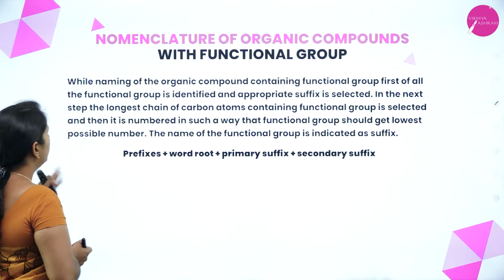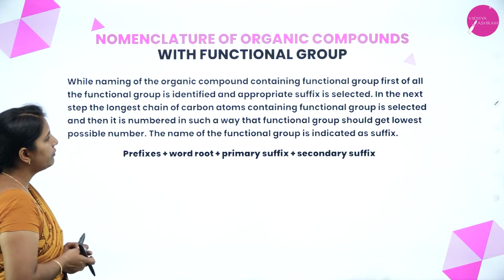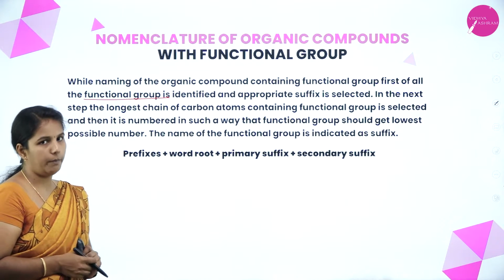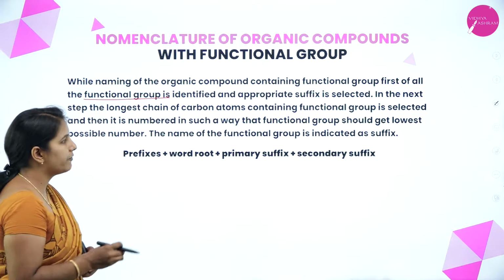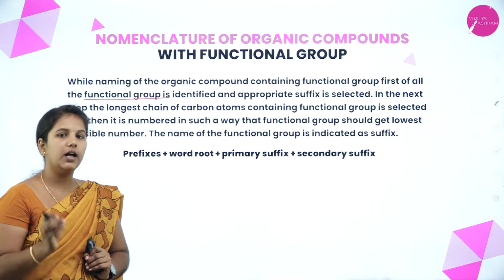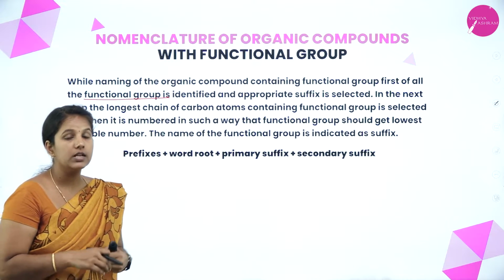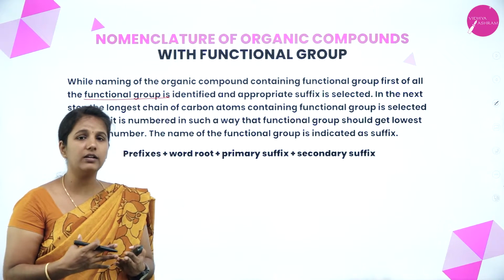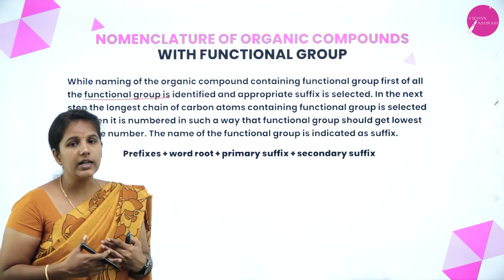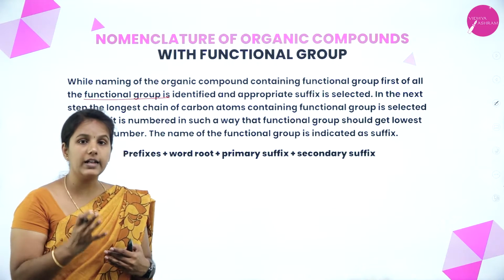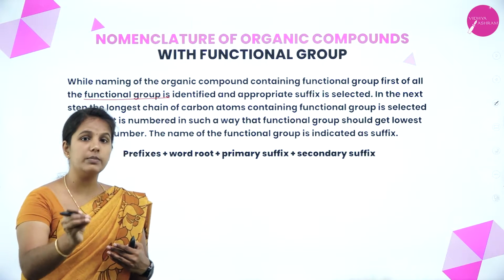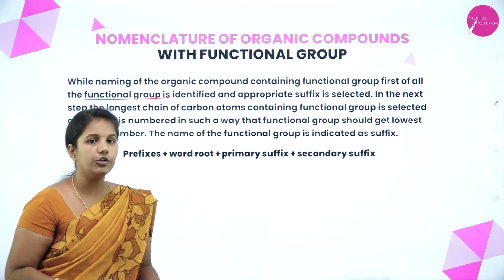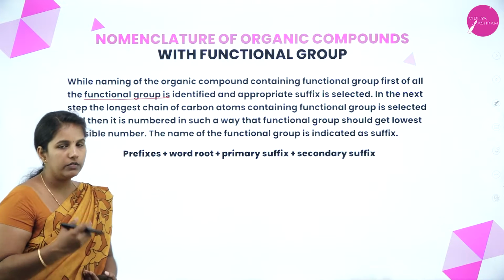While naming the organic compound containing functional group, first of all, the functional group should be identified properly and appropriate suffix should be selected for each functional group, because the functional groups are those groups which will give specific character to that given organic compound. That is why we must be able to identify the functional group and what is the suitable suffix for that. If not, even if you follow the rules, the name will become wrong.